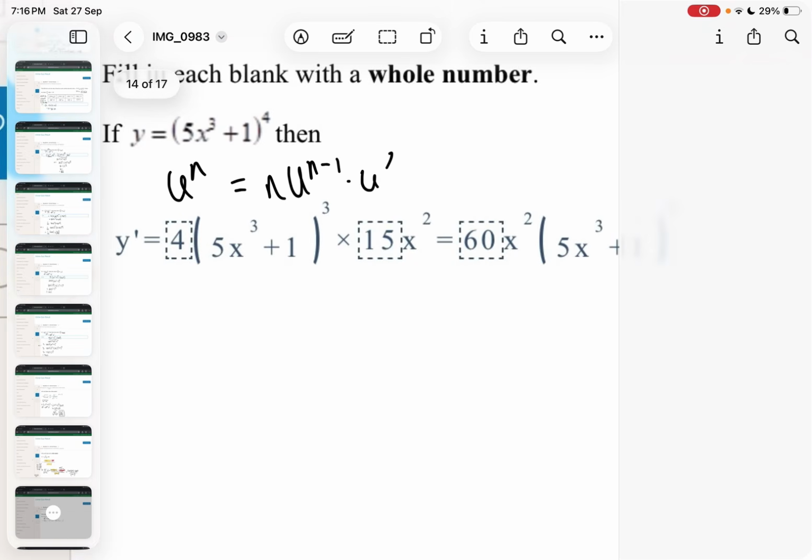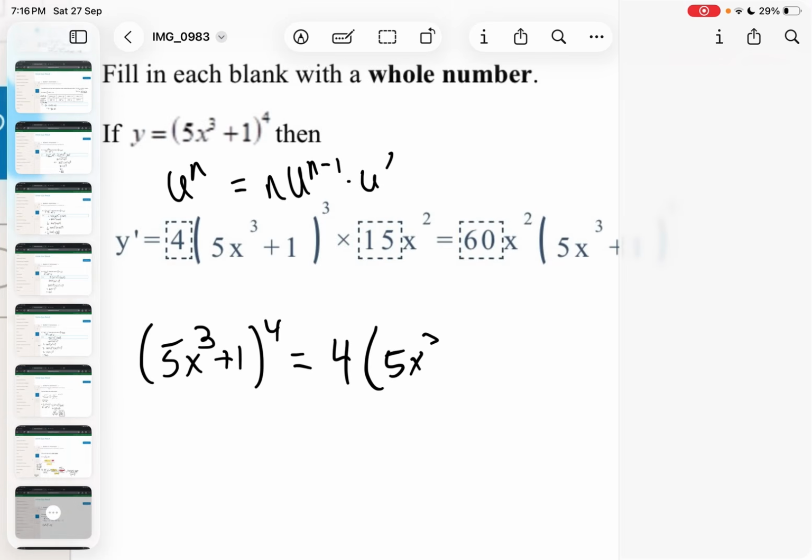Okay, anyways, it will be (5x^3 + 1) to the power of 4, so n is 4, times u, which is 5x^3 + 1, to the power of 4 minus 1, which is 3, and u prime, which is 15x^2.